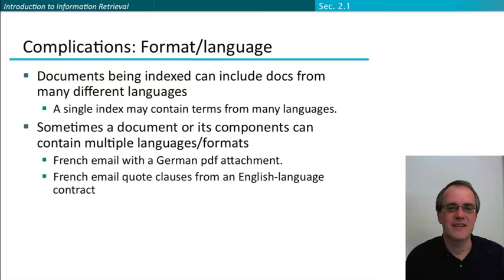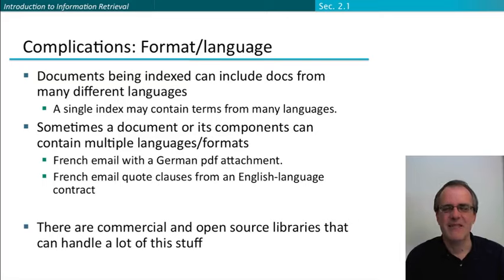So we might have a French email with a German PDF attachment, or a French email discussing clauses from an English language contract. Now, for a lot of these issues, such as decoding PDFs, or detecting the language of a document, or detecting its character set encoding, there are various open source and commercial libraries available that can handle a lot of this stuff, and commonly the solution is to get a hold of someone else's library.